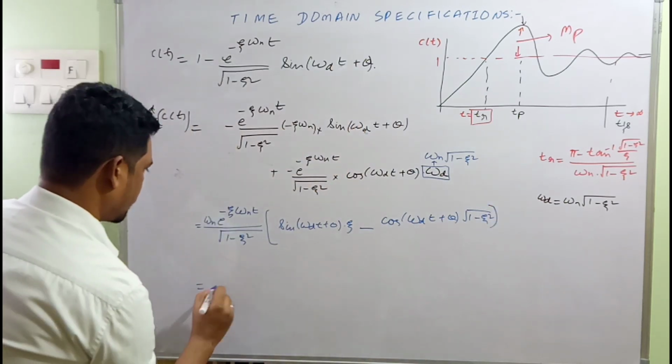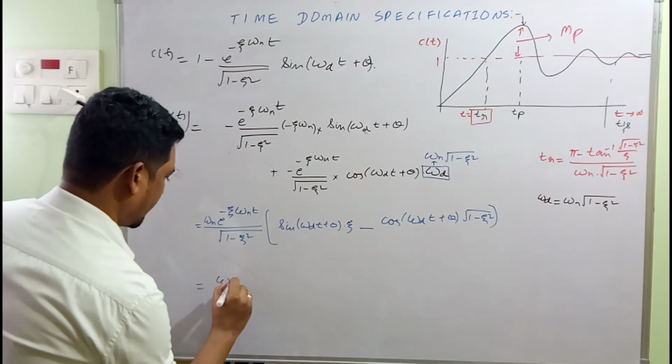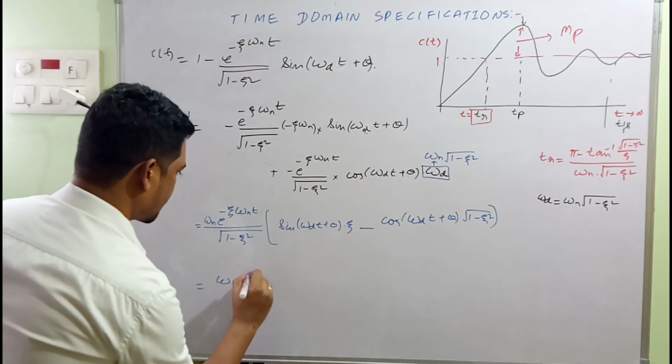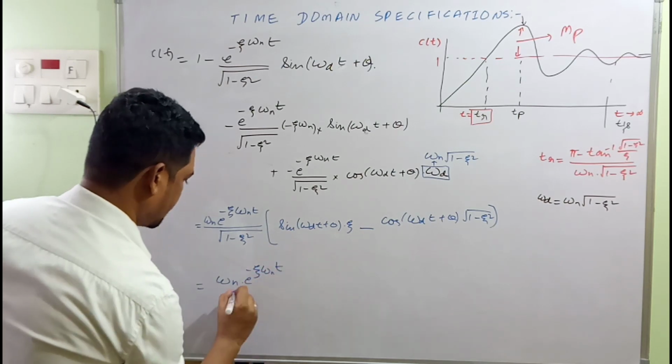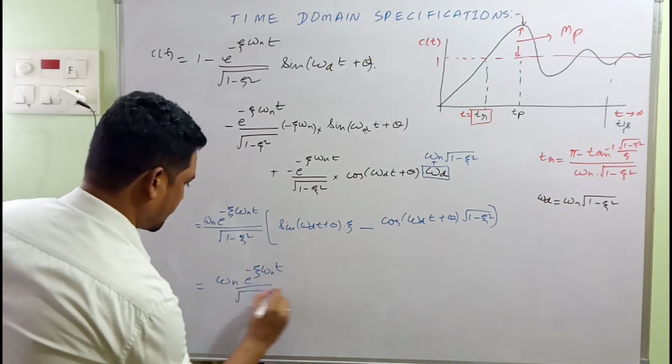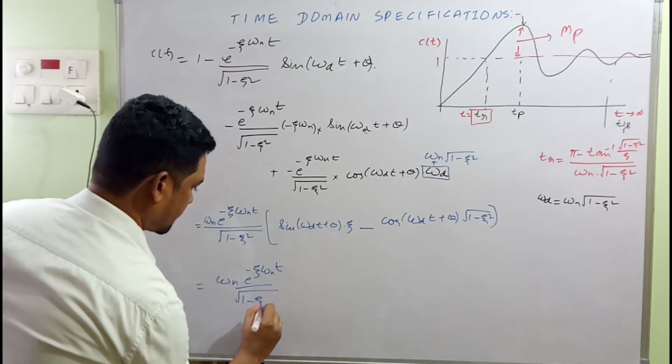So this will be omega n into e raised to minus zeta omega n t by under root 1 minus zeta square as it is.